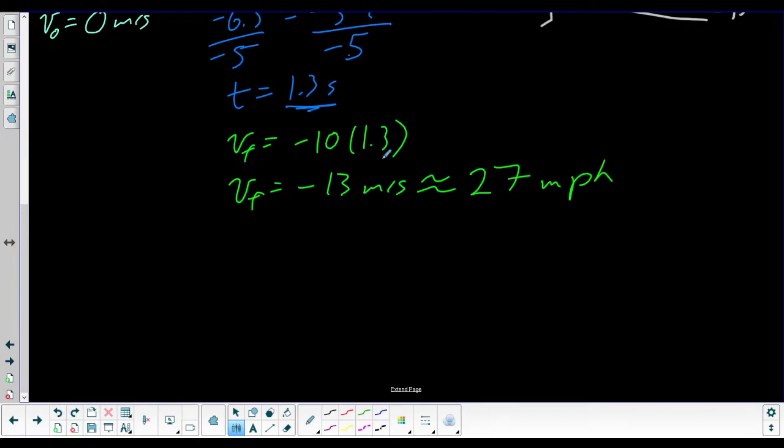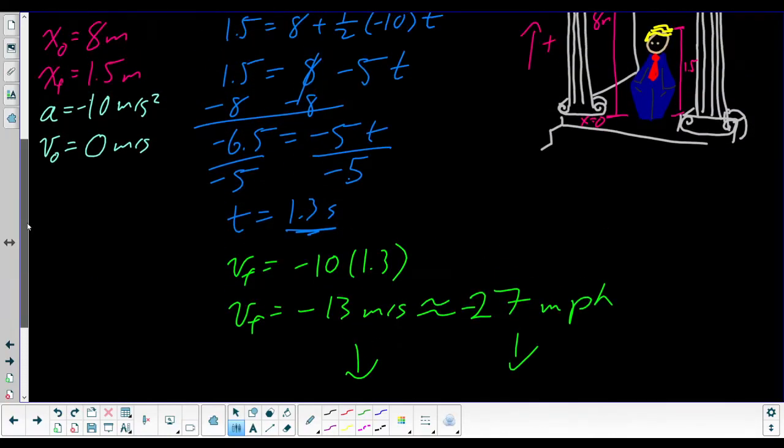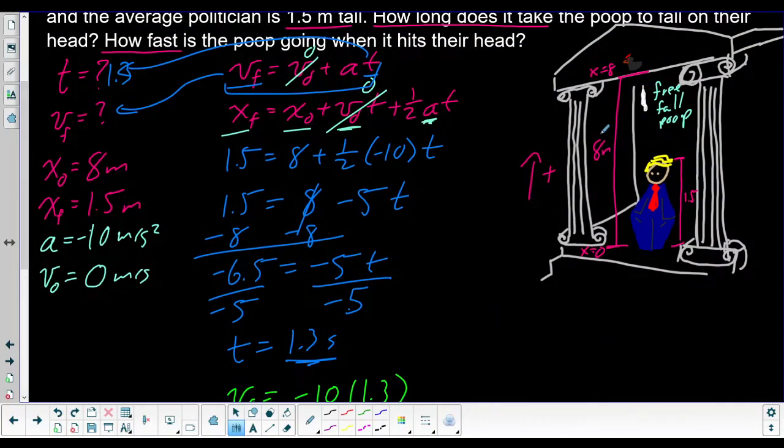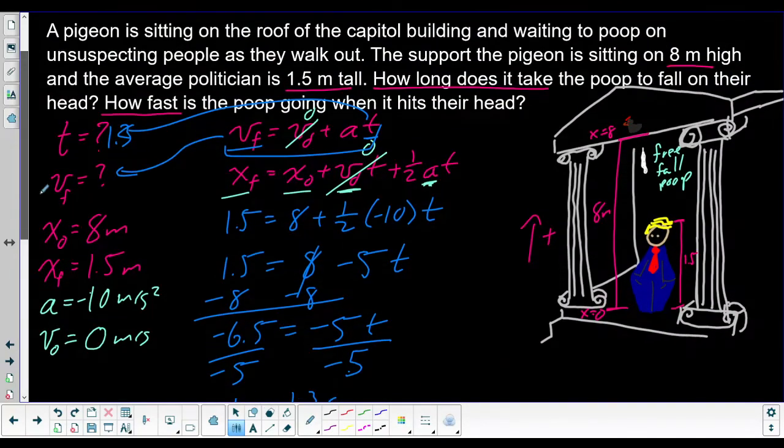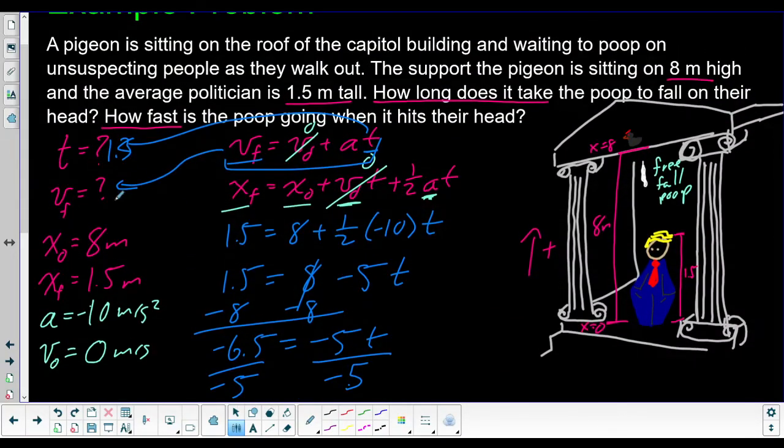I'm guesstimating here. Negative, meaning just downwards, of course. So, that's a pretty quick poop. So, this poor guy, we'll call him Toronto Dump, because he's getting dumped on. Gets pooped on at -13 meters per second.